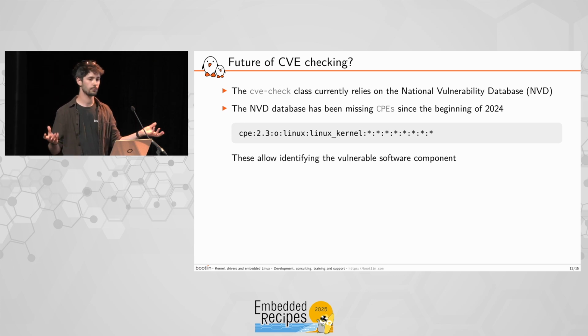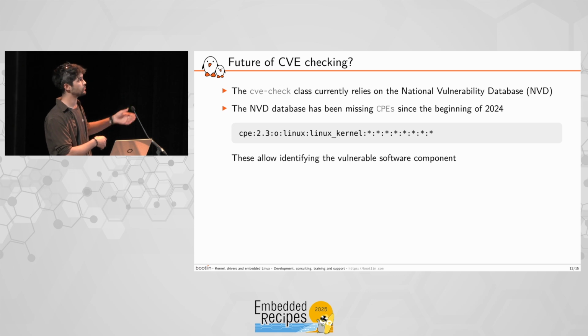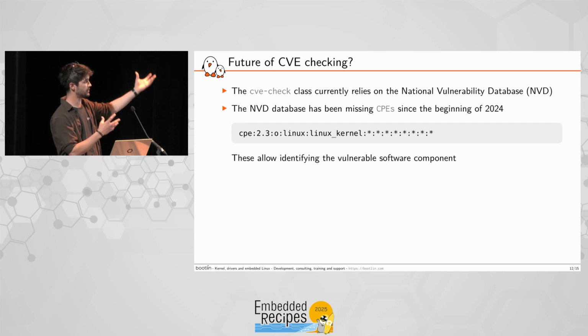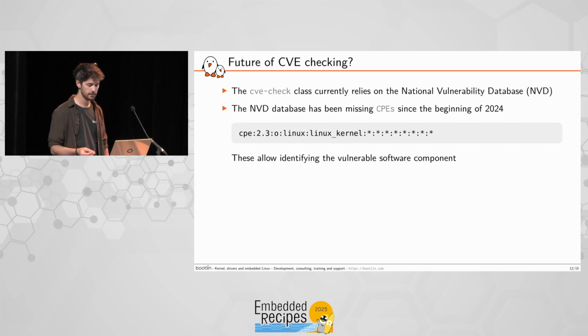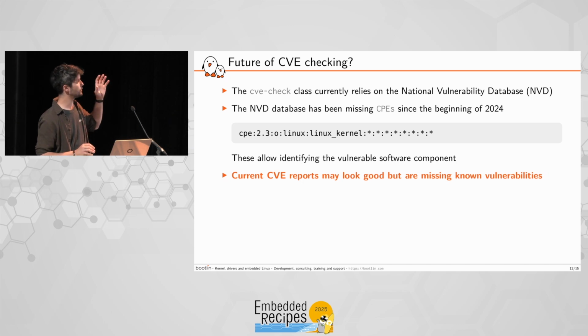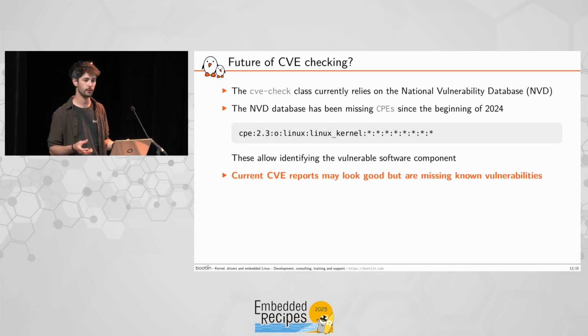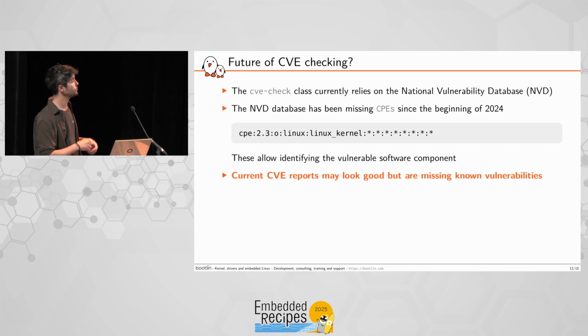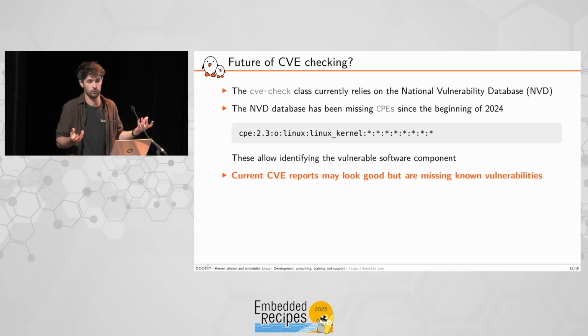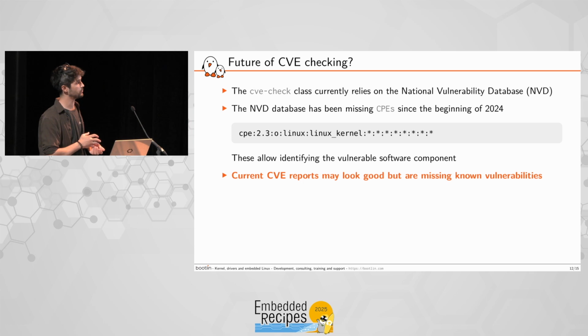And they just stopped associating CPEs to existing CVEs. So the CPE is just allowing to identify a software component and associate it with the CVE. So what this means, I think the bottom line is that the CVE reports that we have right now within the Yocto project look good, but are missing some known vulnerabilities that just don't have any CPE to match. So it's just not really possible to track this automatically.